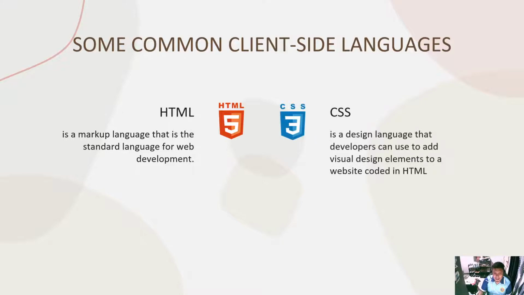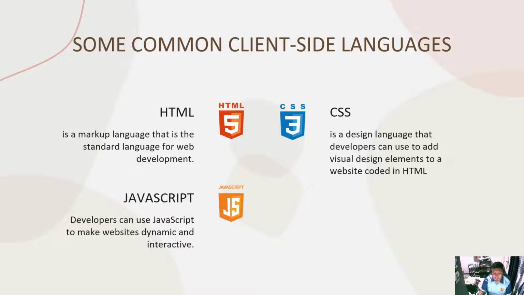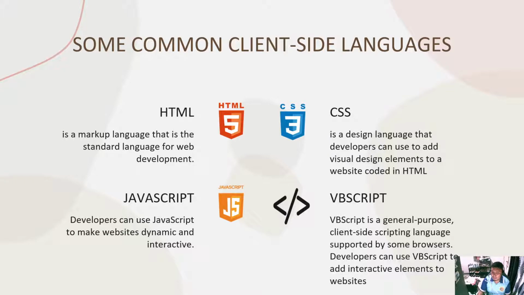You have CSS, a design language that developers can use to add visual design elements to a website coded in HTML. We have JavaScript. Developers can use JavaScript to make a website dynamic and interactive. We have VBScript.